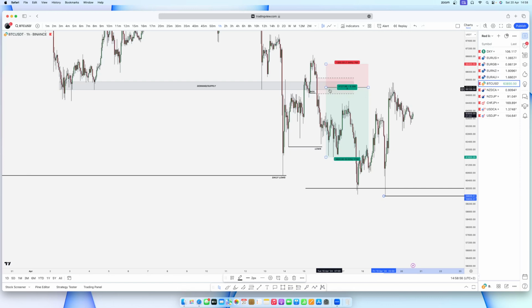Like I was saying, I believed price was going to come up, fill me in, and then we take the liquidity down together. But that didn't happen, sadly.